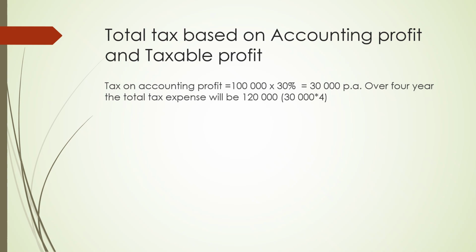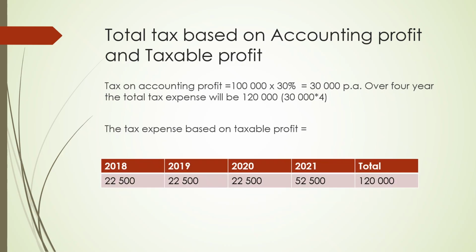We have already calculated the tax based on taxable profit. For 2018, we had an amount of 22,500. The same was for 2019 and 2020, while the tax expense for 2021 was 52,500.